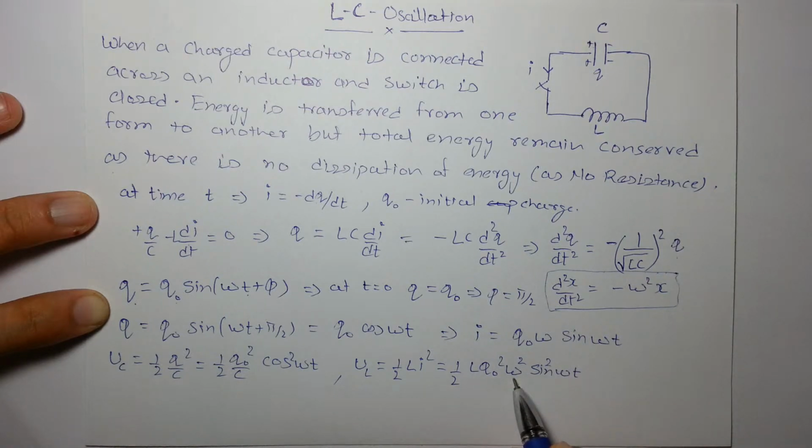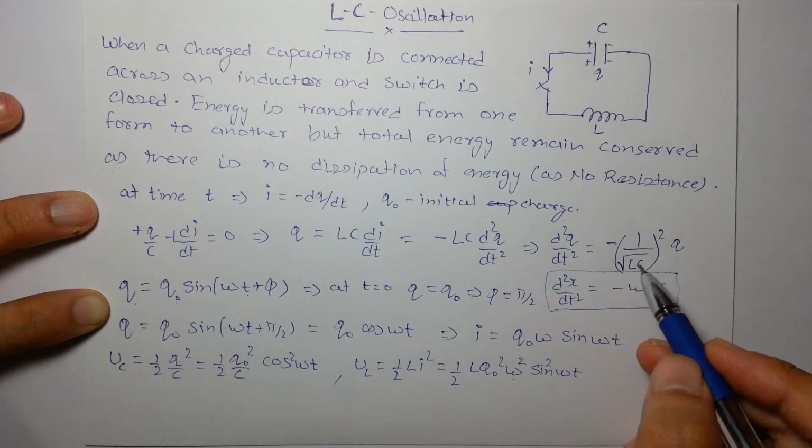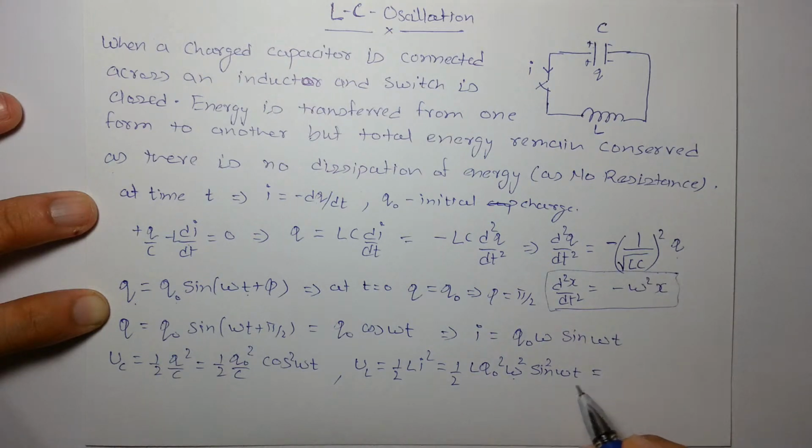Putting the value of omega square as 1 by LC, we can easily get half q naught square by C sine square omega t. So we can easily see UL plus UC is always constant. One is cos square, one is sine square, so it is nothing but half Q naught square by C, which is the initial energy of the circuit.